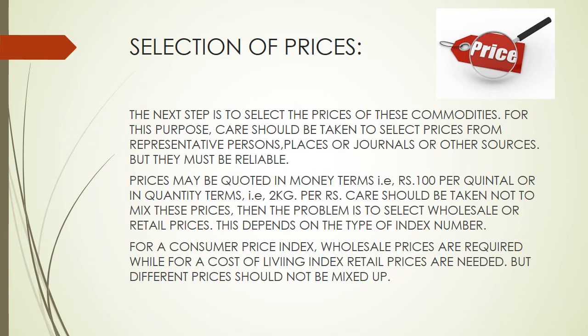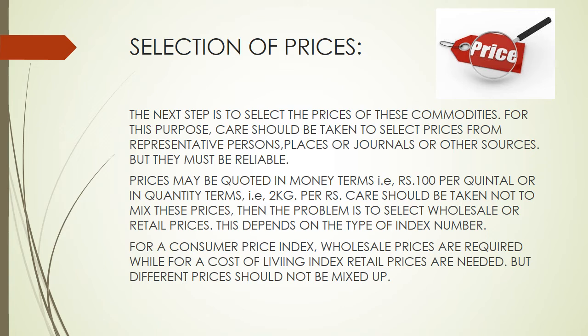So, selecting a price. Let us take the example of a book again, so we don't get confused. When we take the price of a book, how do we get to know that the price of the book is rupees 60? By seeing the MRP. Who gave this MRP? It is given by some persons or some place or in some journals or from other sources.